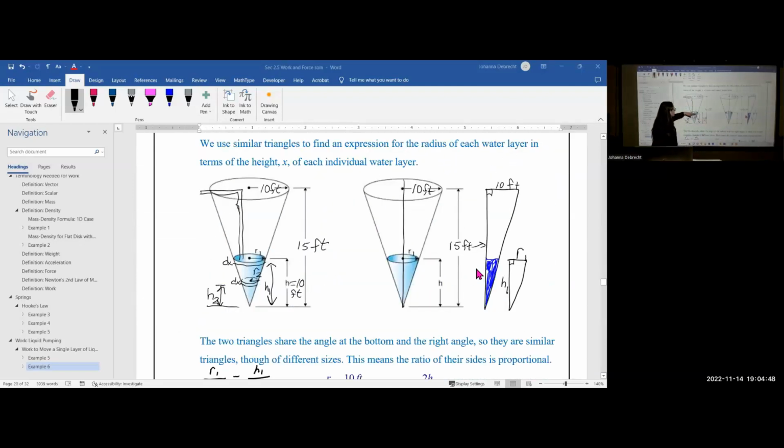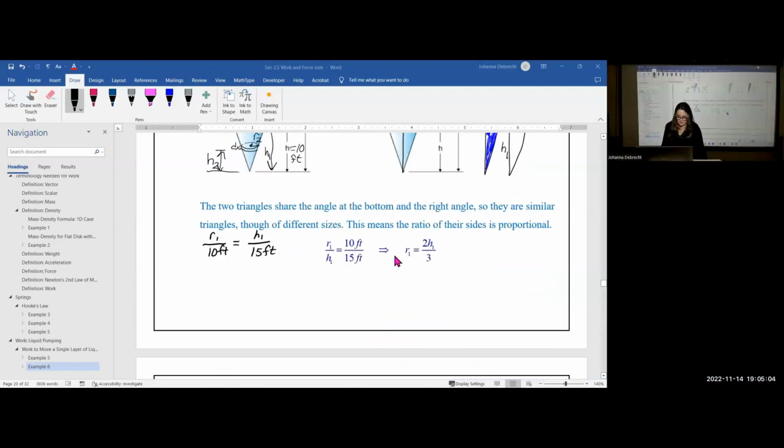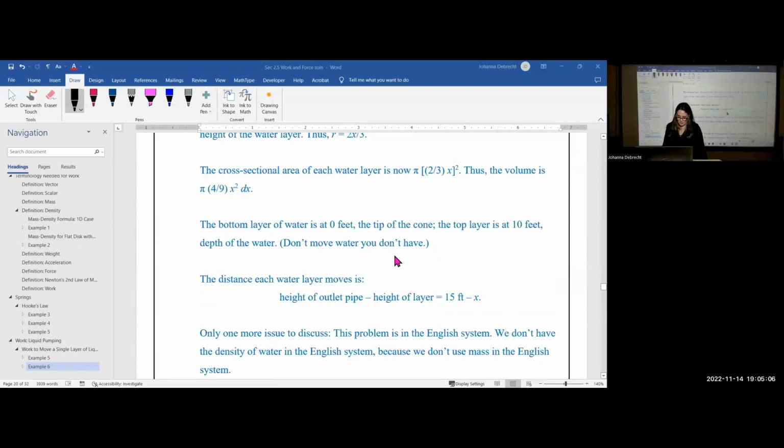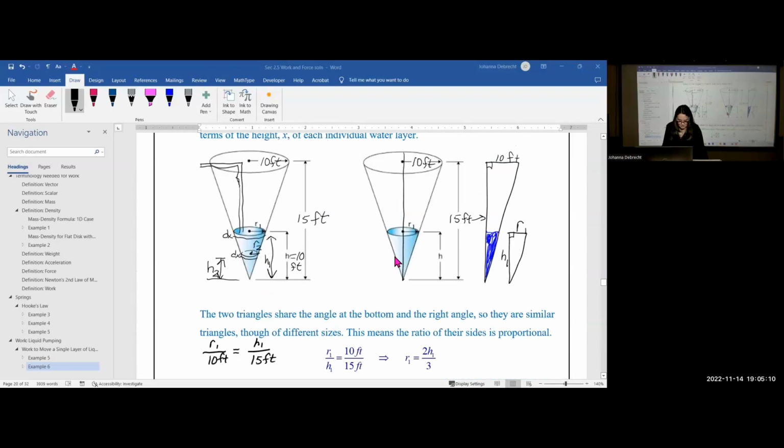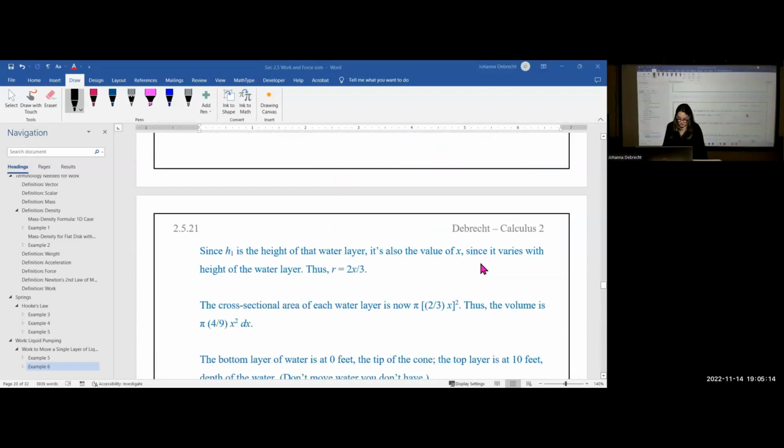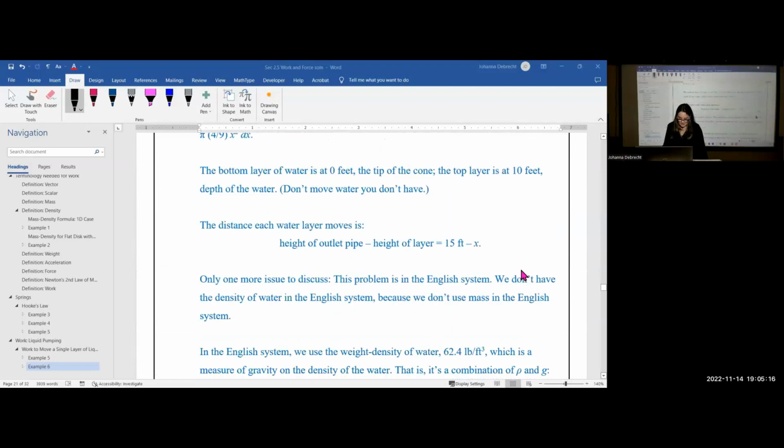This water slice is going to move a distance that is the difference between 10 feet and H1 feet. So this is going to be 10 minus H1, or 10 minus X. 10 feet minus X. So our distance formula is going to be, or is it 15 feet? 15 feet, sorry, the height of the tank is 15 feet. So we have 15 feet minus X.